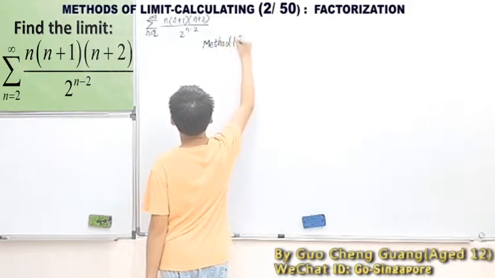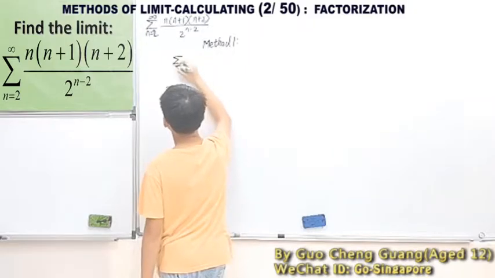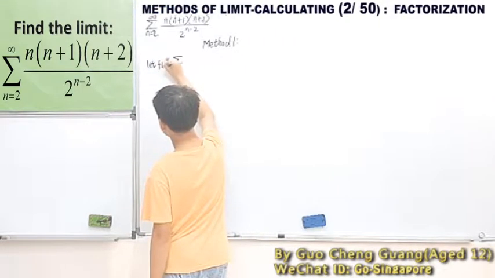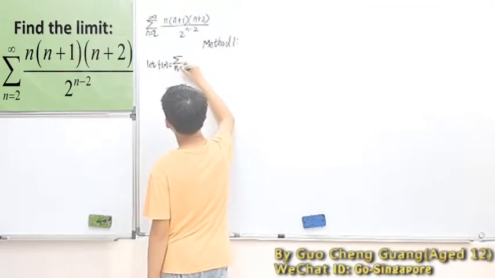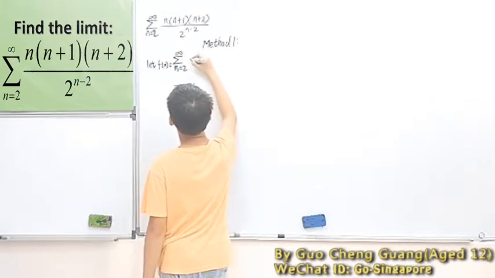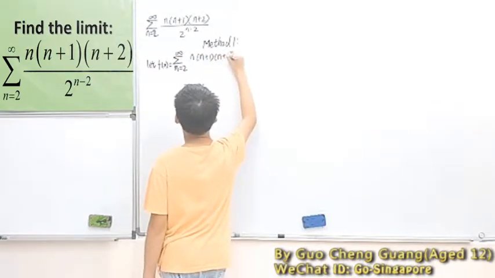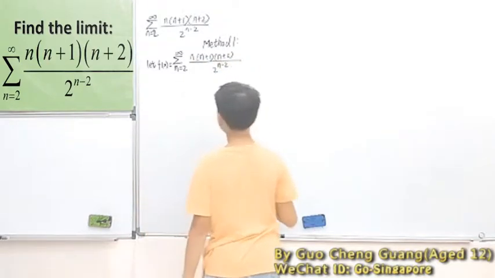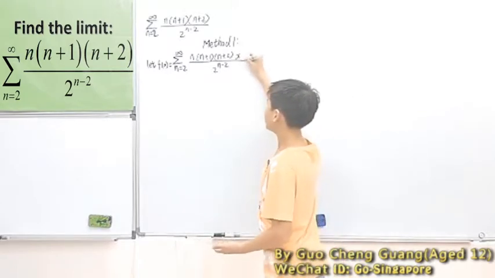I'll first use method number 1. So of course we'll have to let f(x) be equal to this. But this x to the power of 0, what can I change?